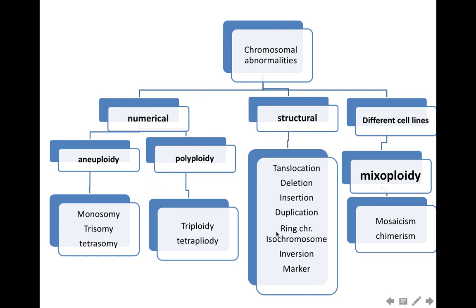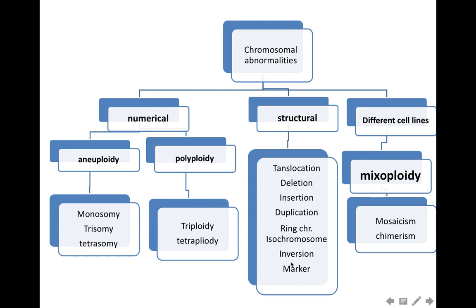This is the master flow chart of all the chromosomal abnormalities. Always go back to this classification so that you can remember how different chromosomal abnormalities are classified. Today we are concerned with the structural chromosomal abnormalities, and we will go through the different types of these abnormalities, and we will have some karyotype examples on them.